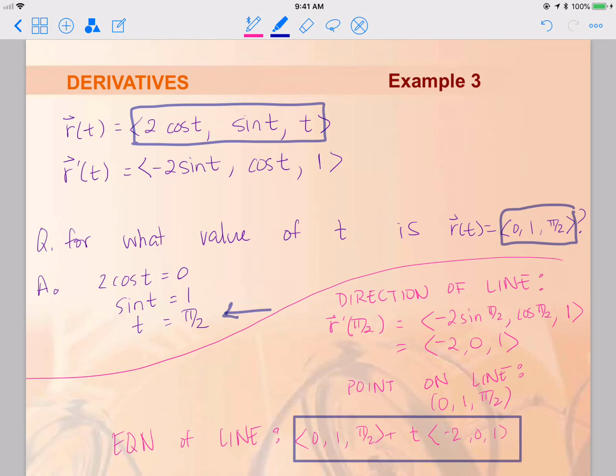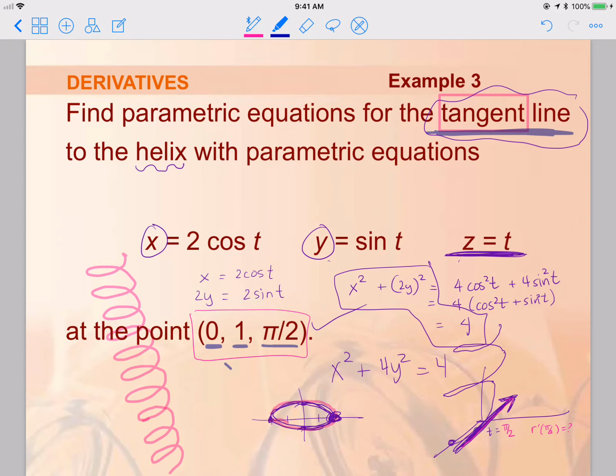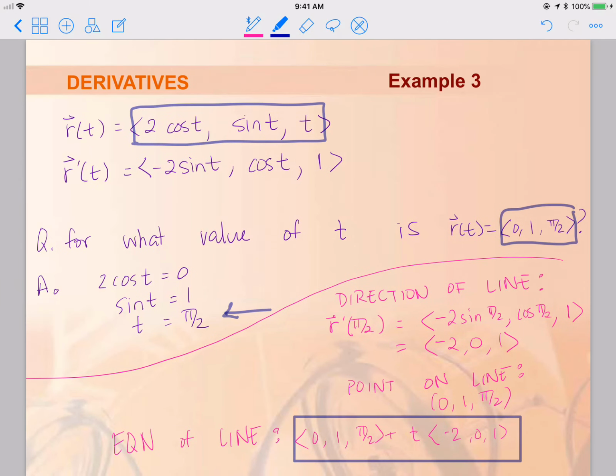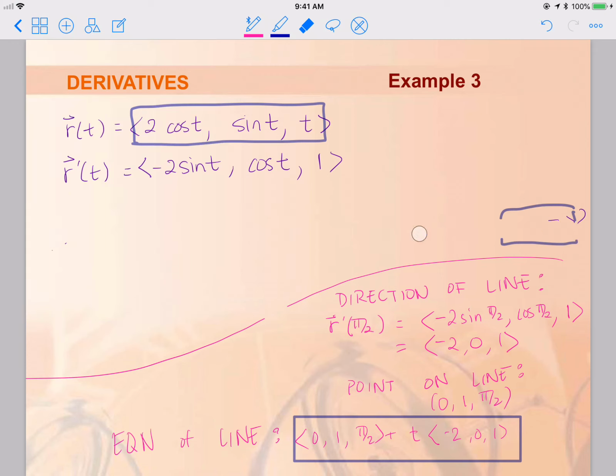Okay, and the last thing we need to do is convert from a vector equation to parametric equation. So what I just gave here is a vector equation. The last thing let's do is convert this to a parametric equation.